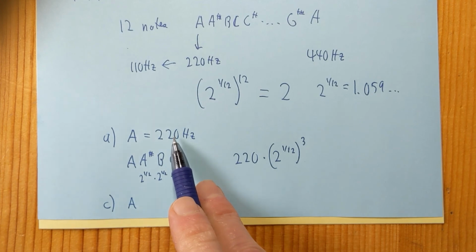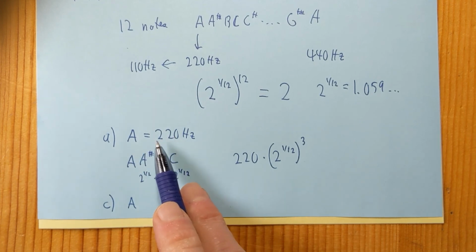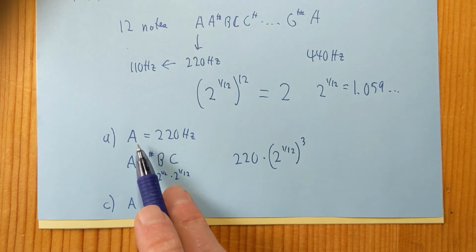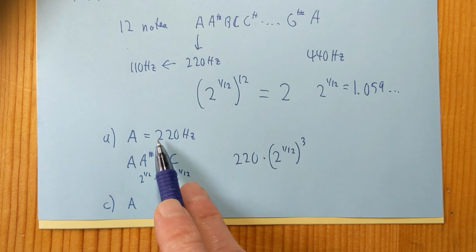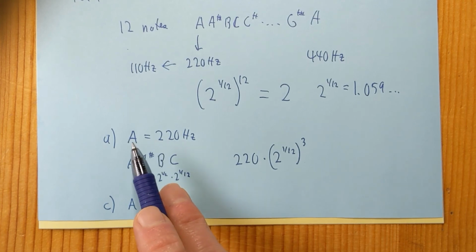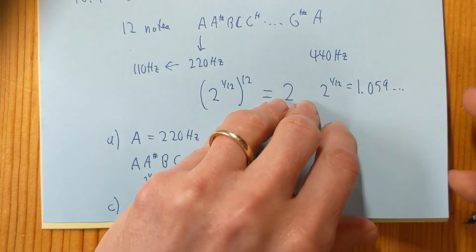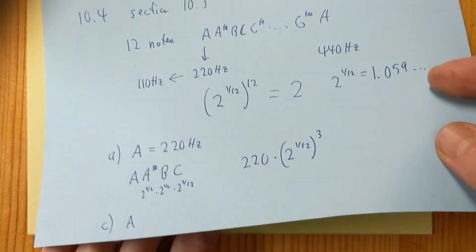You start off at 220 and you keep cutting it in half. In other words, how many A's are there below this A on the keyboard? That tells you how many times you have to cut it in half. The one below 220 is 110, and then cut in half, that's 55. You keep cutting in half until you get to the lowest one. Okay, so that's how you do part C.